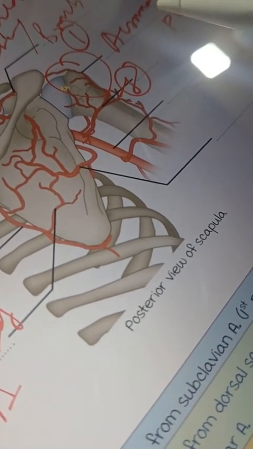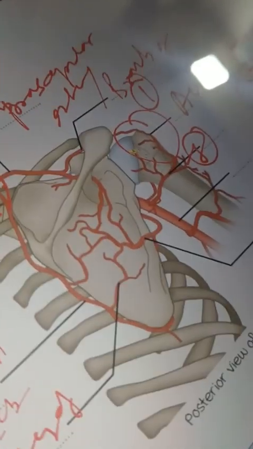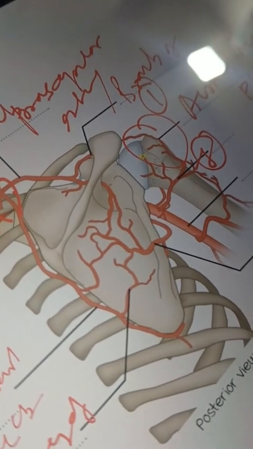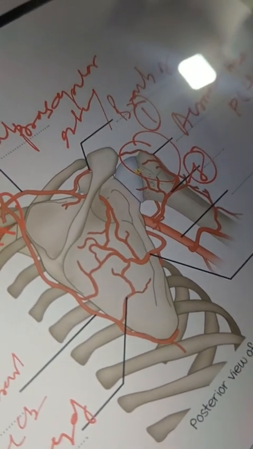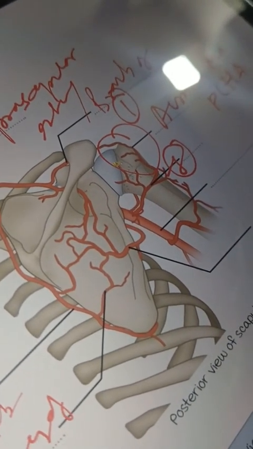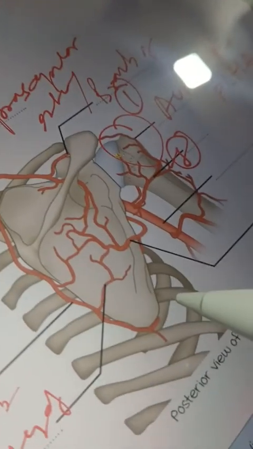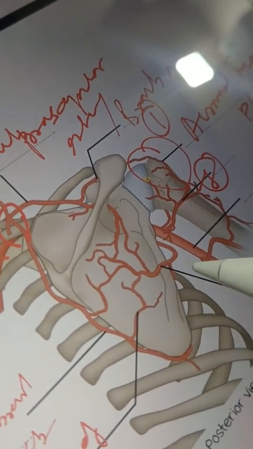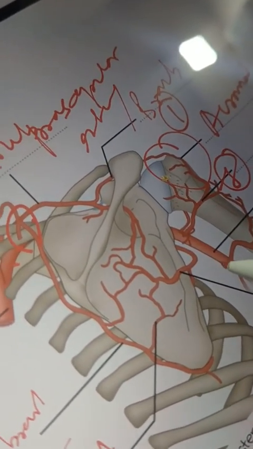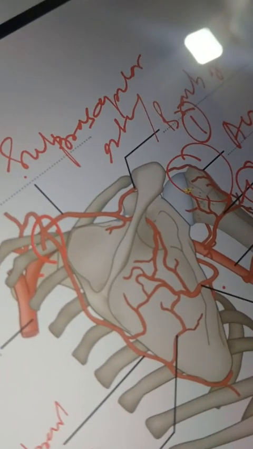Then what is this? This is known as of course axillary artery. So in axillary artery we have two branches again which provide the second anastomosis. The first is basically here, what we can see is the circumflex scapular artery.